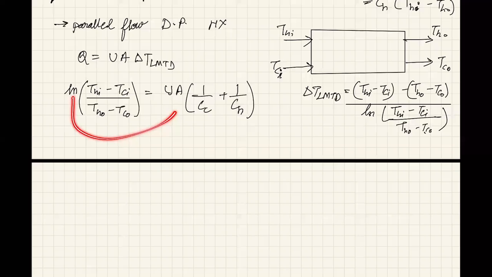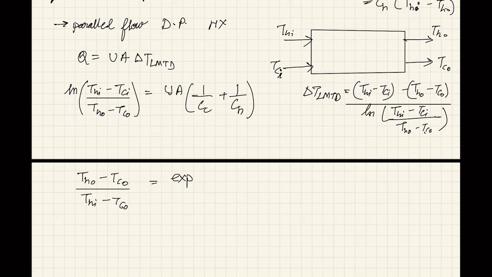So I am shifting this log to here. What I will be left with is THO minus TCO, since I have taken the minus sign, divided by THI minus TCO equals exponential of minus UA.